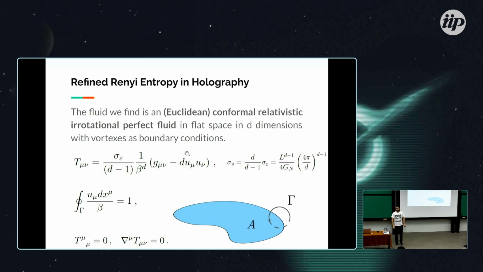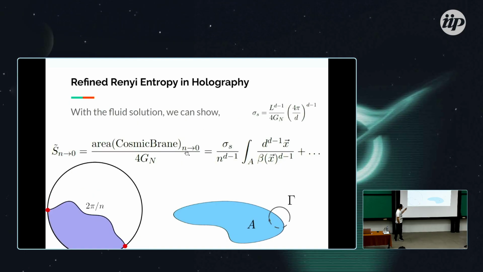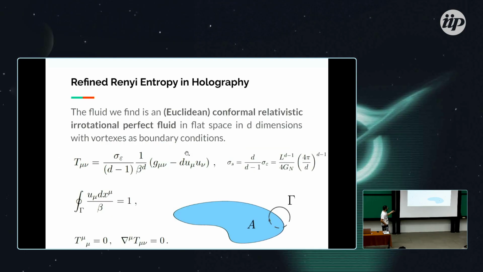Yes. How do you calculate the effective temperature of the fluid that goes in the formula? Beta of x. How do you compute that? It is a solution of a perfect fluid, a Euclidean perfect fluid.